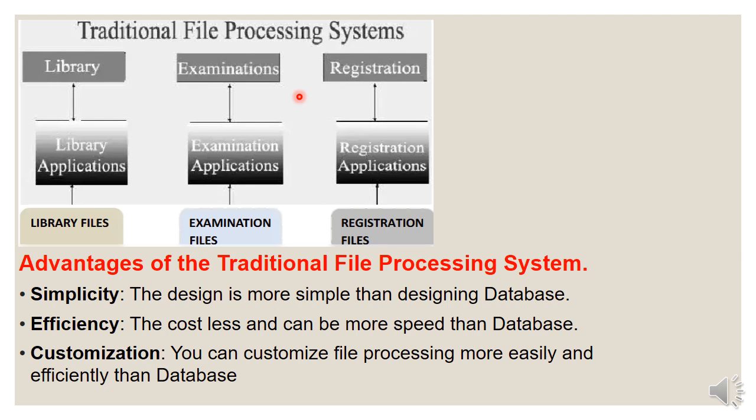We have the files from the library, which are stored in their own location, the files of student examinations, which are also stored in their own file, and the registration files, which are also stored in their own location.